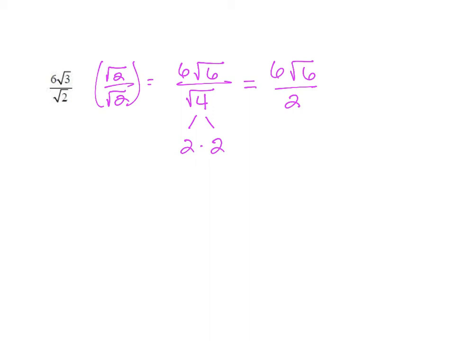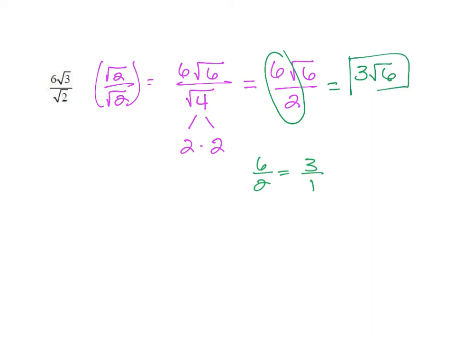Now if you notice here, I can actually simplify this like a fraction. So if I have 6 over 2, that actually gives me 3 over 1. So when I go to simplify this, this would be 3 times the square root of 6. And technically, I could put it over 1, but I do not need to. So then this is as far as we can go.